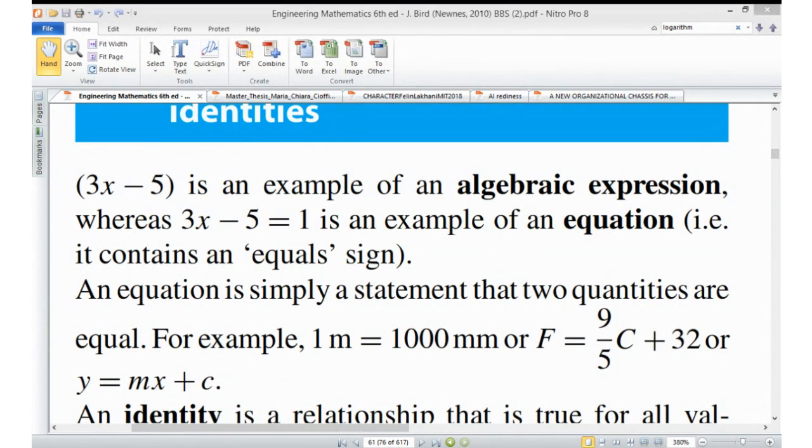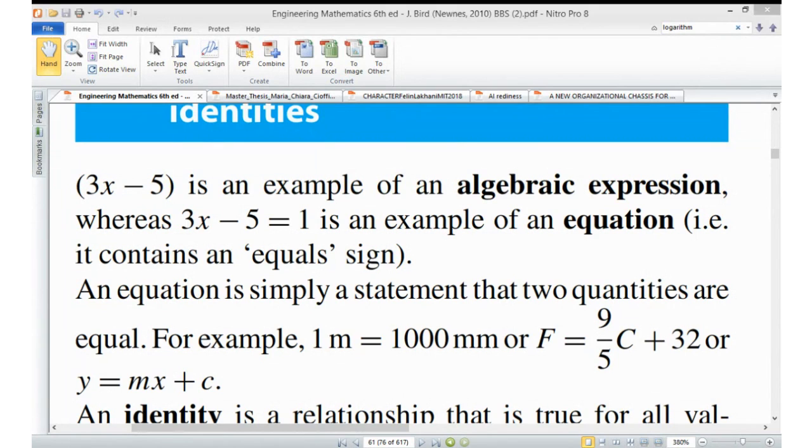Another example is F is equal to 9 over 5 C plus 32. So this is also an equation.